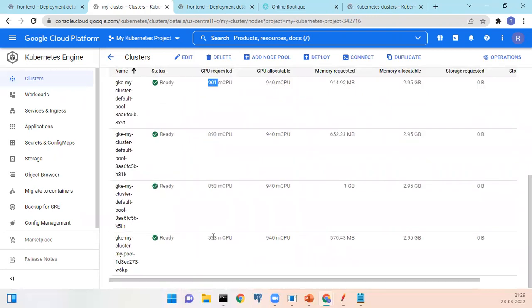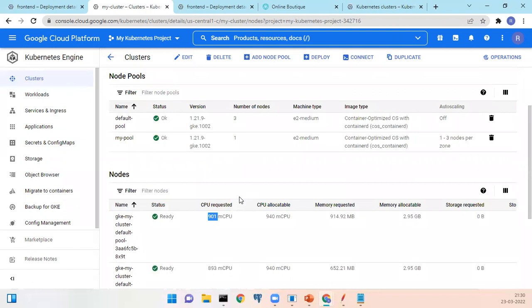By the way, as we see, there are 4 nodes. In each node we have around 1 CPU, and this node has 0.5 CPU. That is at a high level what our nodes configuration is. So this is about the pool and the details about the nodes.